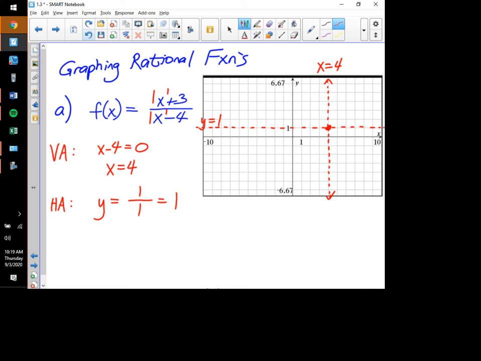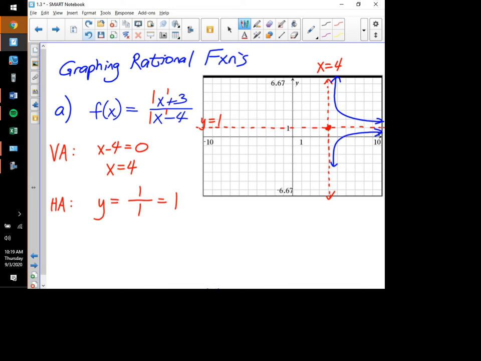Now, which 2 out of the 4 is interesting? And I want to just consider a couple of possibilities. I think you guys know the answer to this already, but humor me for just a second. Ask yourself for a moment if it's possible for your rational function to exist in the top right quadrant and the bottom right quadrant at the same time.